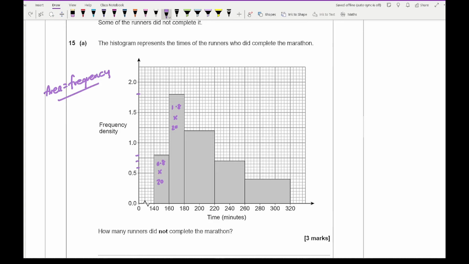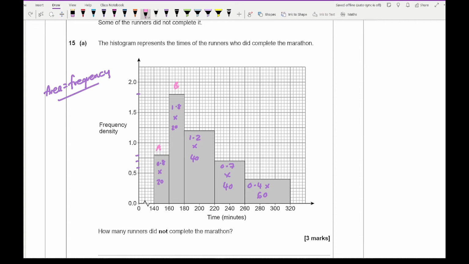This bar here is 1.2, and that's multiplied by 40. This bar here is going to be 0.7 multiplied by 40, and this last bar is 0.4 as the height multiplied by 60.